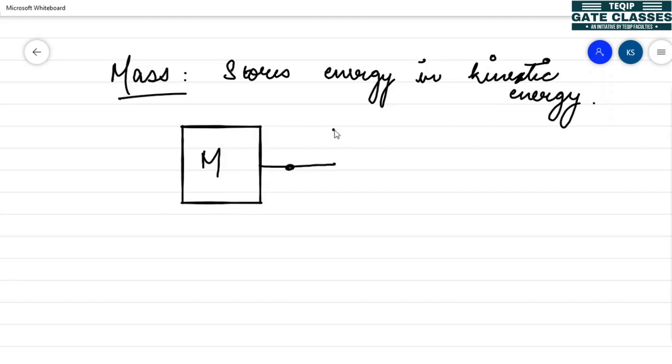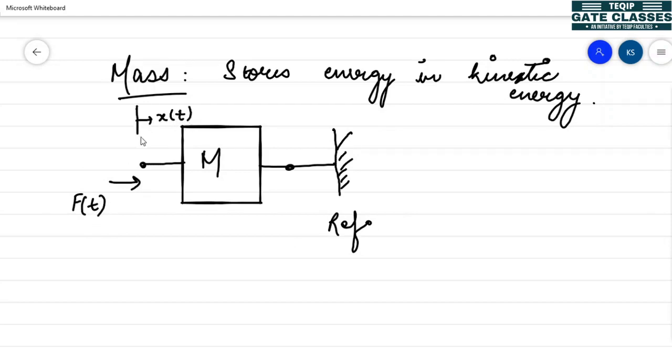Its one end is connected to a reference. So this is a reference. And to another end, we are applying a force F of t to it, due to which there will be some displacement and there will be some velocity in the mass.